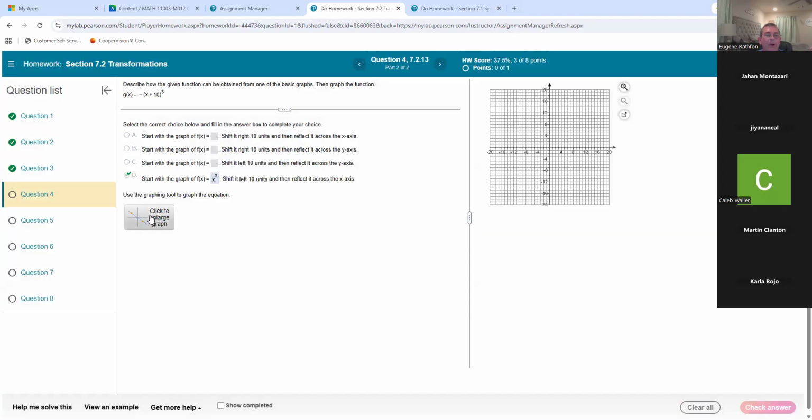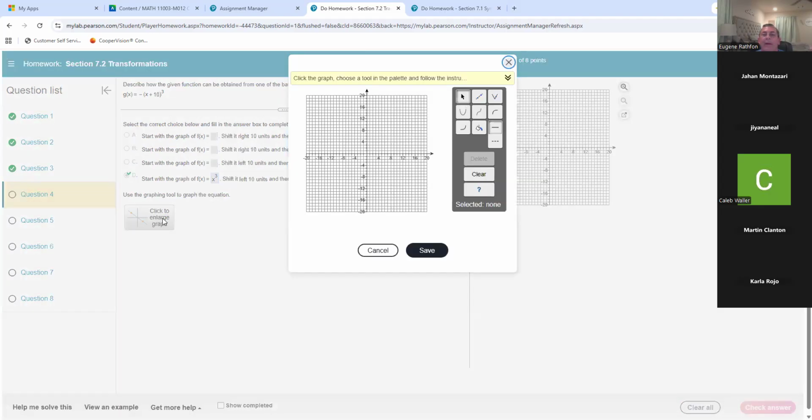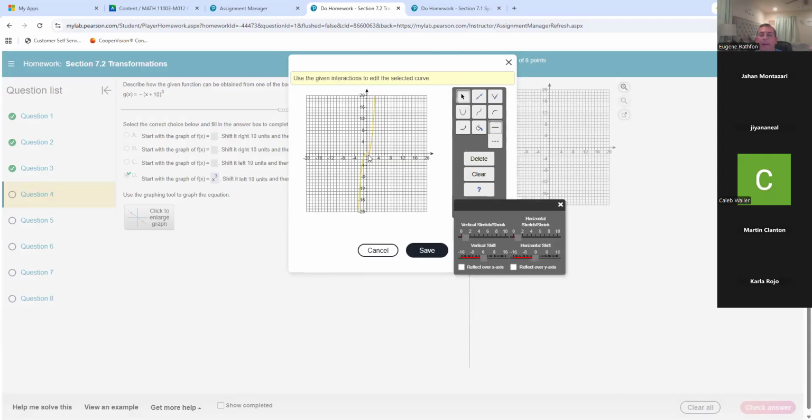So click on to enlarge your graph. The cubic tool is the second one on the second row. So click that. Click anywhere on the graph. And down here on the boxes, we said it went left 10. So take that horizontal and pull that over to negative 10.